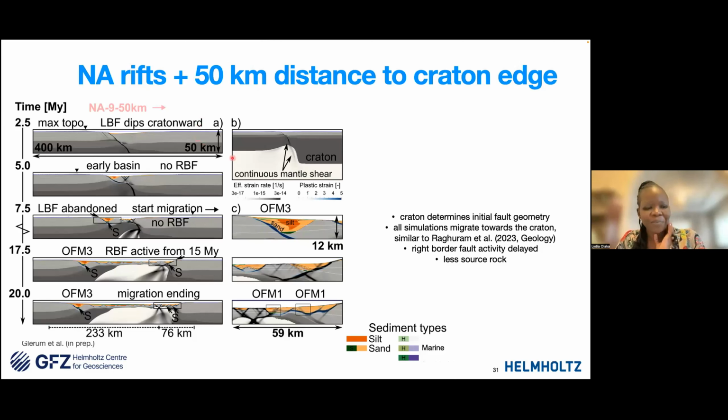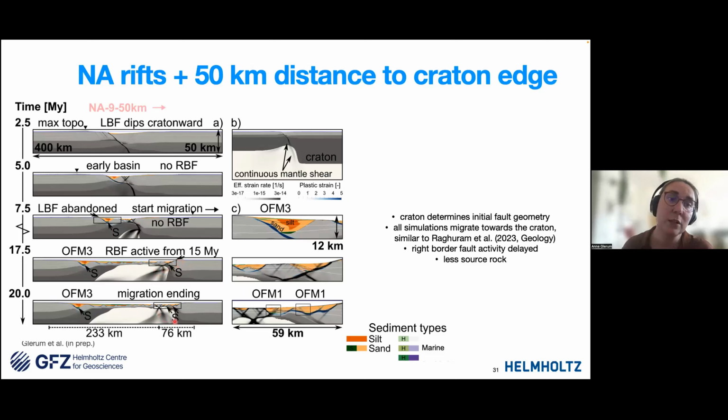Perfect. And what you can see is that we start off with this shear zone dipping towards the craton. It develops into this waterfall with a significant sediment package. We start to accumulate some source rock here, but then we start migration. But we do not have this big waterfall on the right. It's only 7.5 million years later that we finally form this.